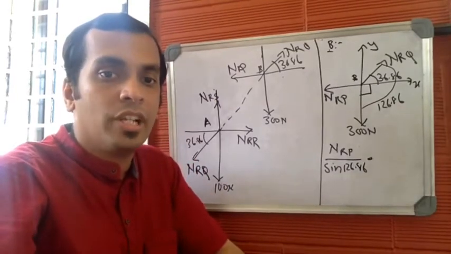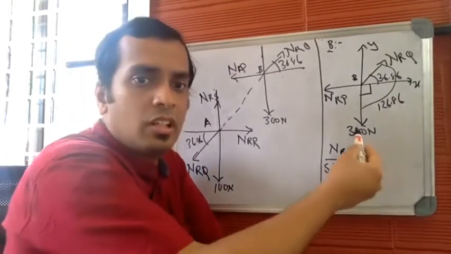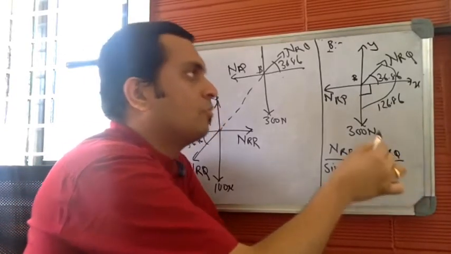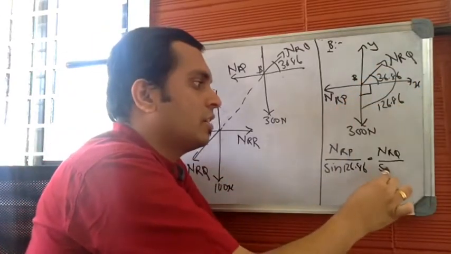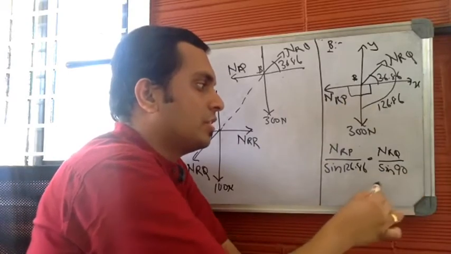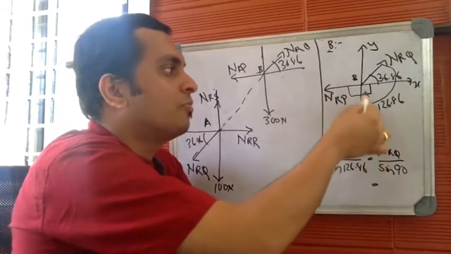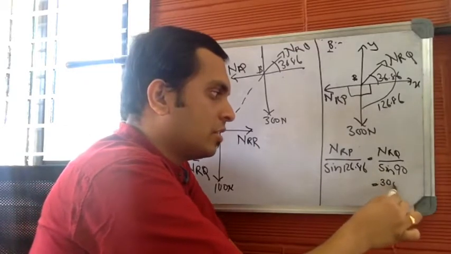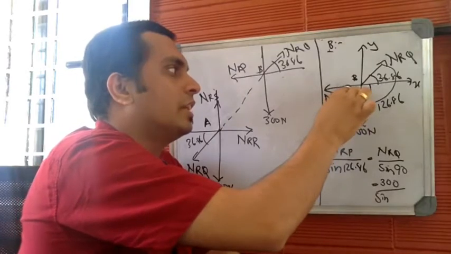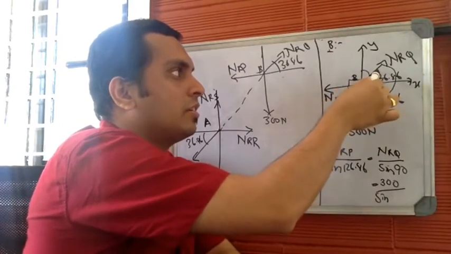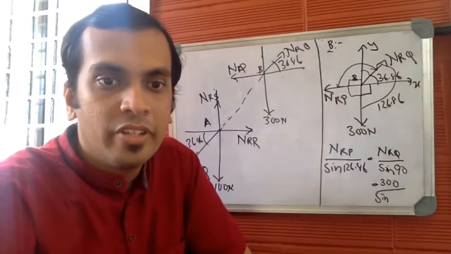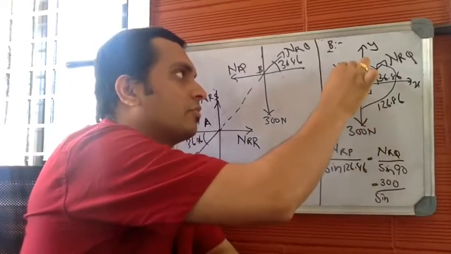So the next one will be NRQ divided by sine of angle between NRP and 300, which is 90, is equal to 300 divided by sine of angle between NRP and NRQ. This total angle is required, which is 143.14.